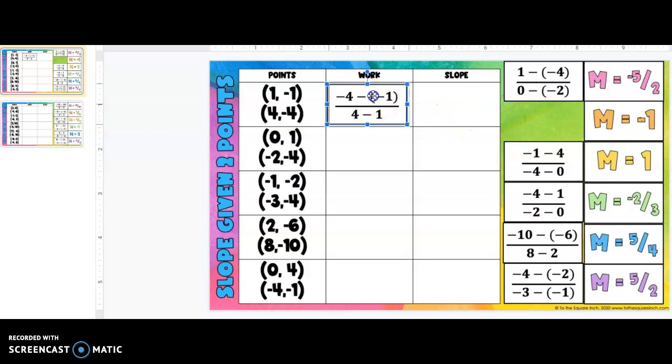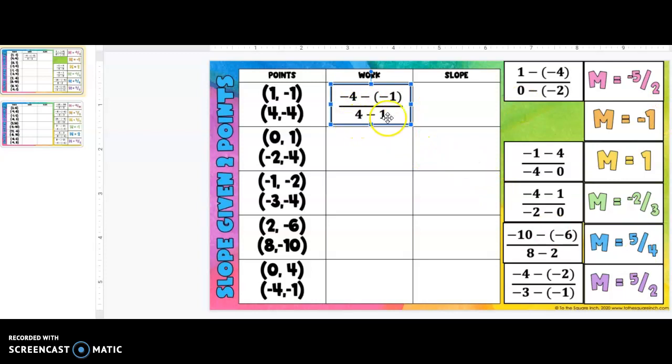Okay, now here comes the hard part. The hard part is doing the math with all the signs. So -4 minus a -1 is really -4 plus 1. So -4 plus 1 is -3. And then, oh wait, there's not even a negative. Hold on, hang on.